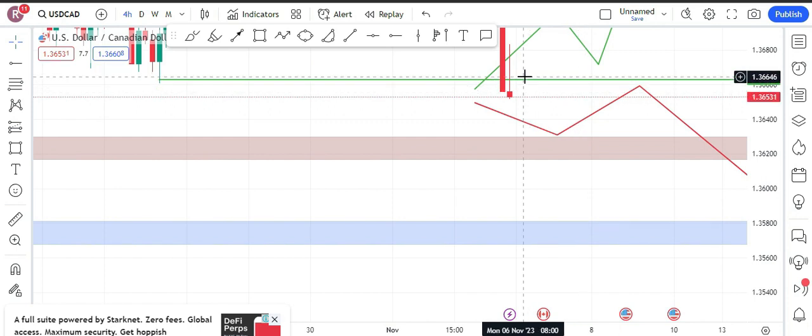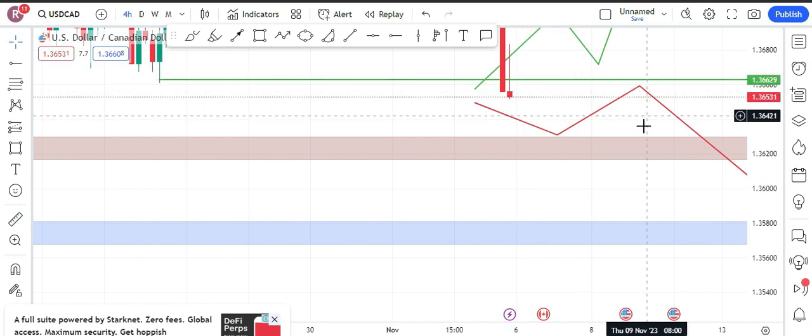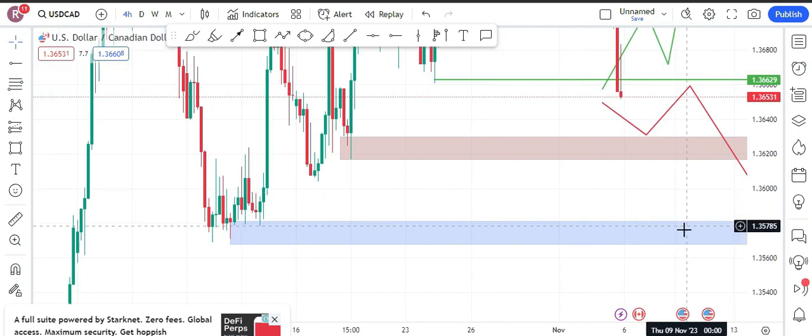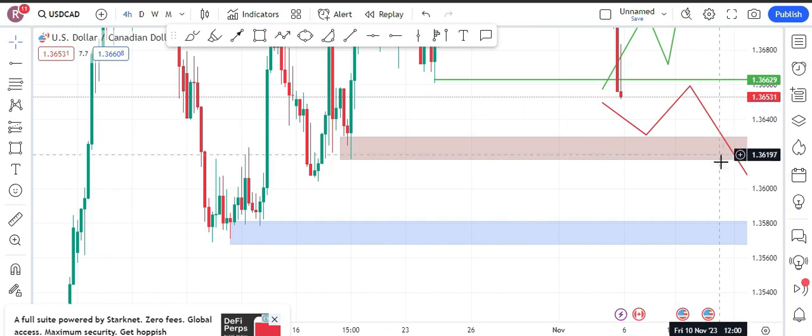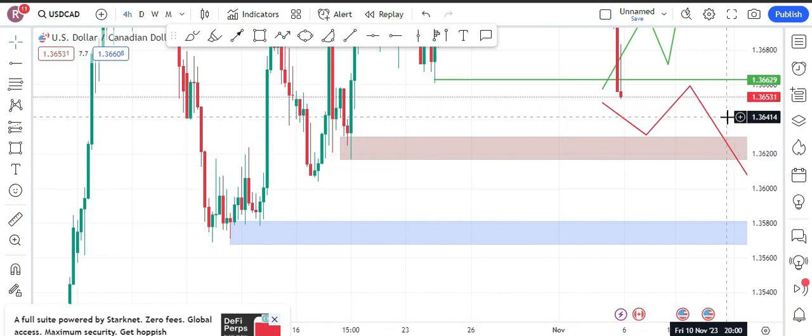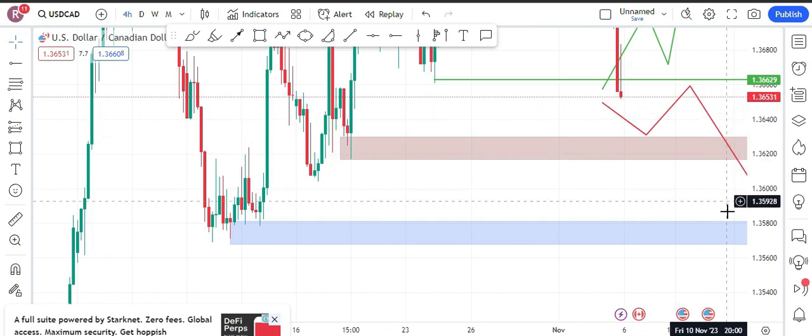If the green candle does not break this line, it will come down to this. So initially it will come here and maybe we'll see some reaction of price going upward, and then it will come here.